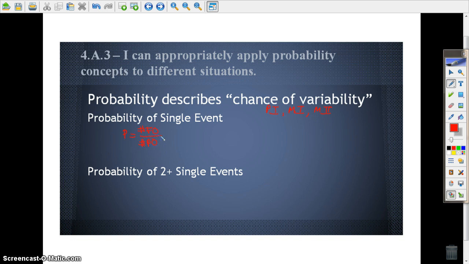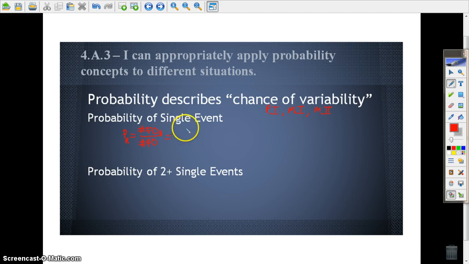So if we think of this in terms of a penny, if we had a penny with heads and tails on each side, what is the probability that we would get heads on a single flip of that coin? So we're looking for heads. Probability of heads, well, what are the number of favorable outcomes, or the number of possibilities that we could have heads?